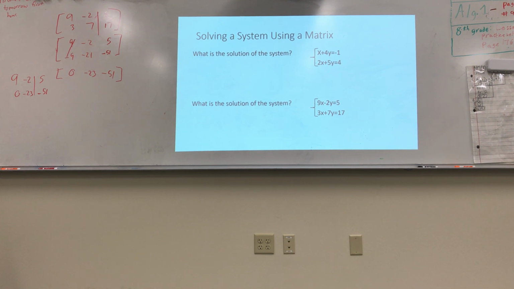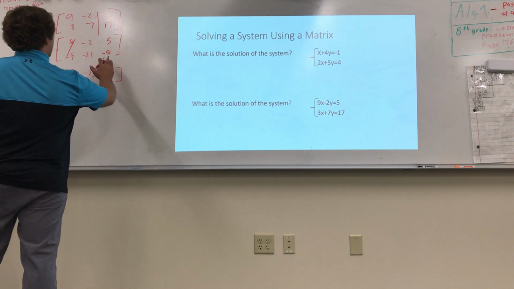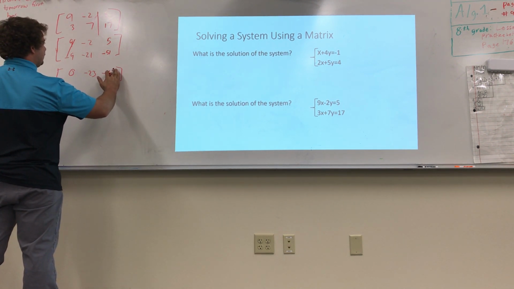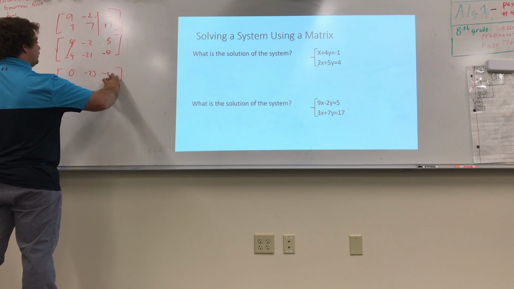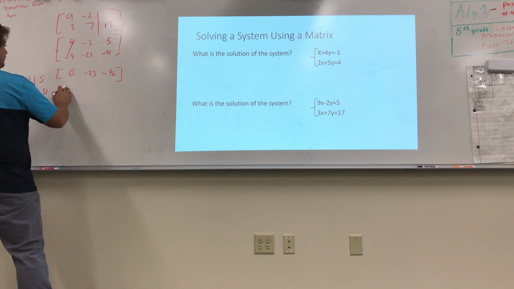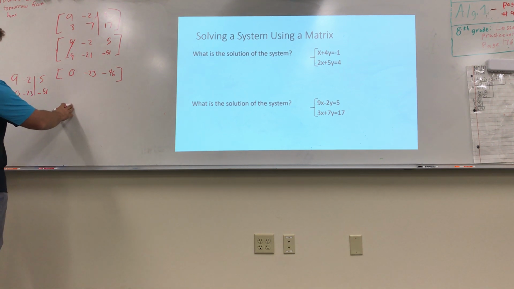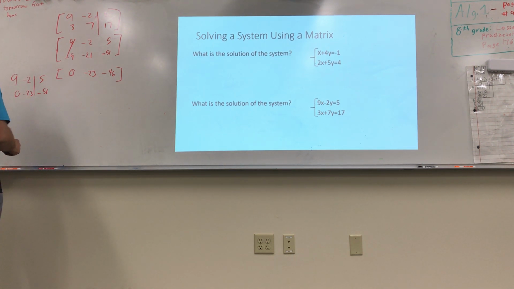Trying to think. Aha. Here's one thing we didn't do, and this is why I'm off. This would have been negative 46, which means we could take a negative, and we could divide everything by negative 23, which would then make this a positive 1, and it would make this number a 2.